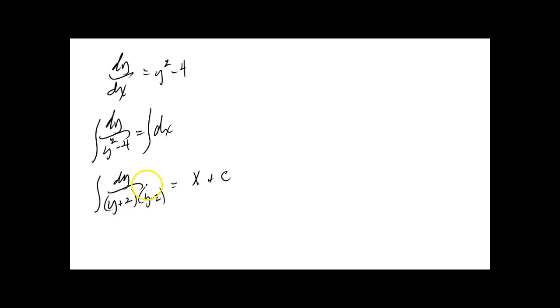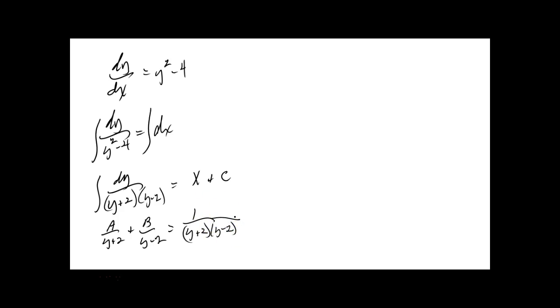Let's deal with this part. This can be written with partial fractions as a over y plus 2 plus b over y minus 2, and you want that to be equal to 1 over y plus 2 times y minus 2.